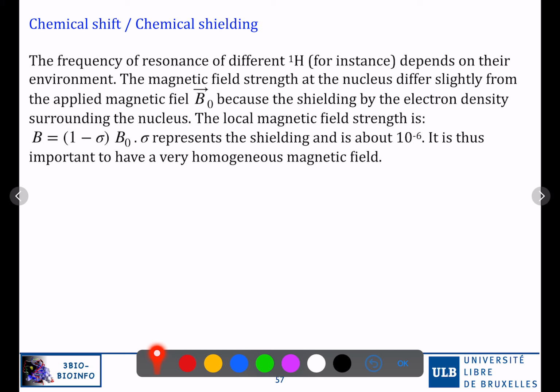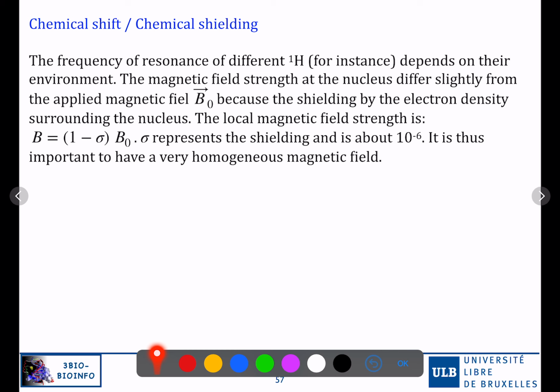Another important thing is that this sigma, which represents the shielding, is very small. It's about 10 power minus 6. So it is very important to have a very homogeneous magnetic field B0, because if you have something that is inhomogeneous, the amplitude of the difference that you will measure locally could be similar to the value of sigma.